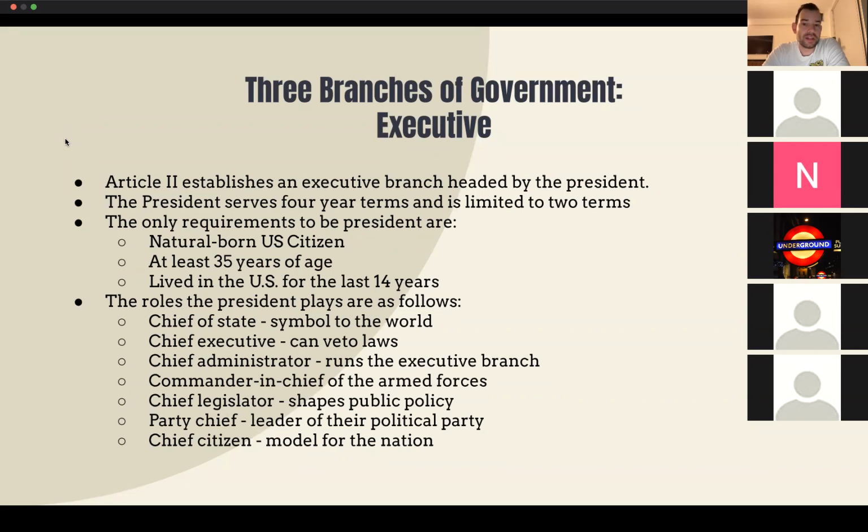The 25th Amendment? Correct, the 25th Amendment. And so that might be a good use of the 25th Amendment in that case, if that is something that can happen much quicker than impeachment and removal from office could.